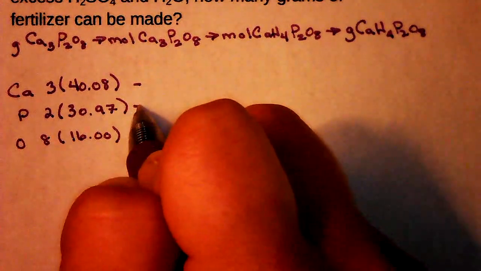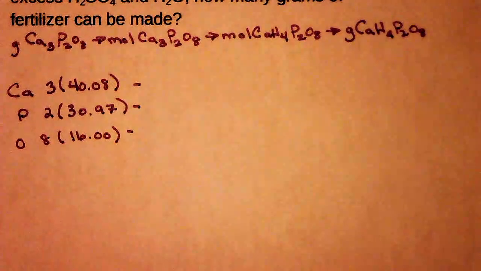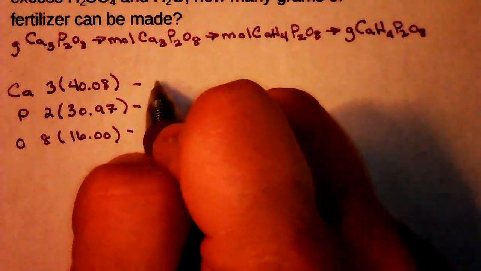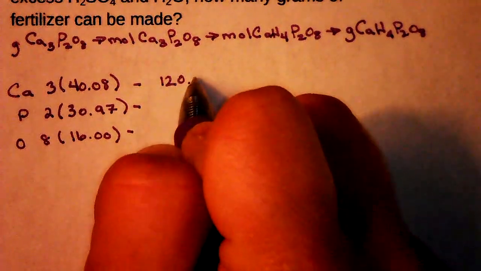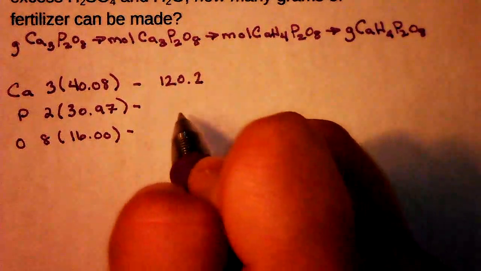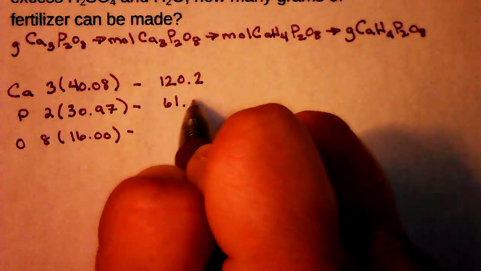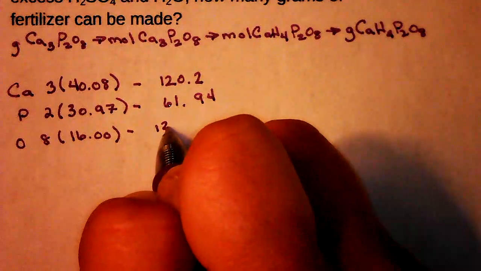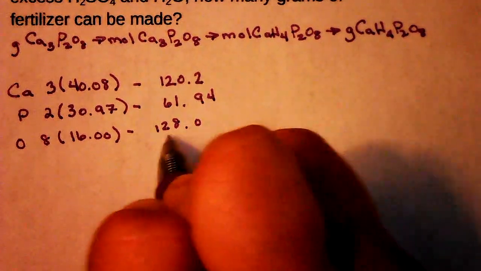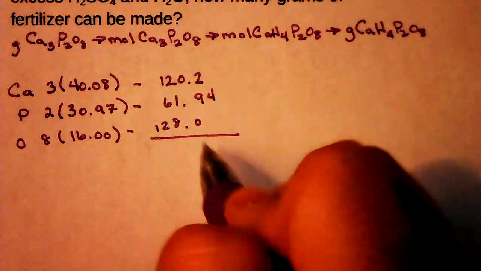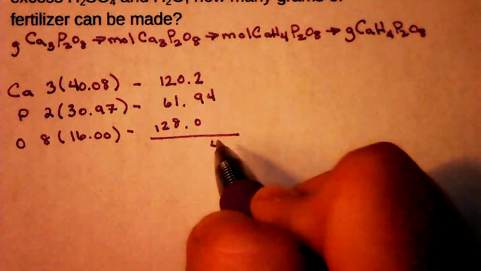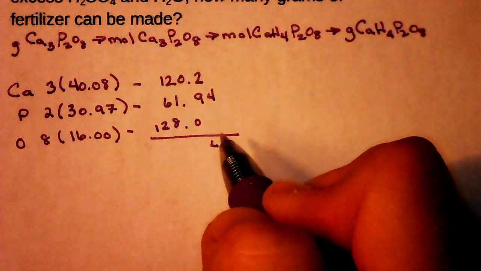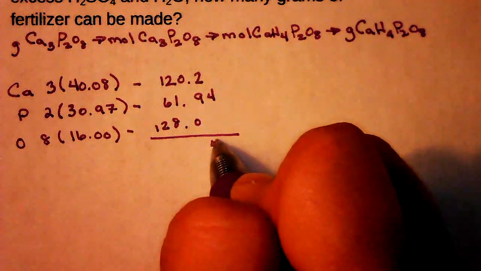All right, when we do that math, we get 120.2, 61.94, and then we get 128.0. All right, when we add these up, we get, what am I doing?